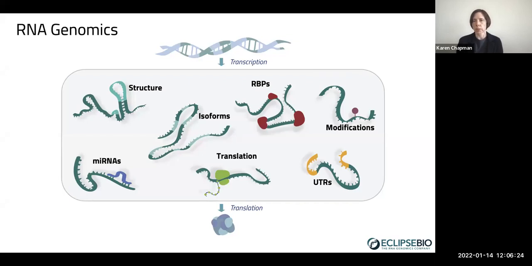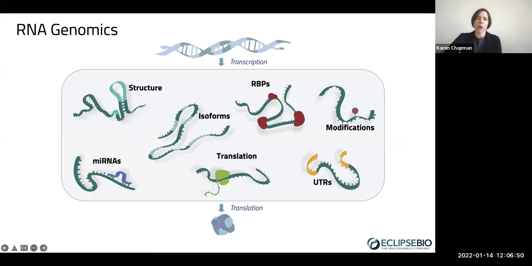So transcripts can modulate which transcription start site they're using, and the same with the polyadenylation site. And so I'm going to be talking about a technology that looks at mapping the TSS and the PAS with single nucleotide resolution.